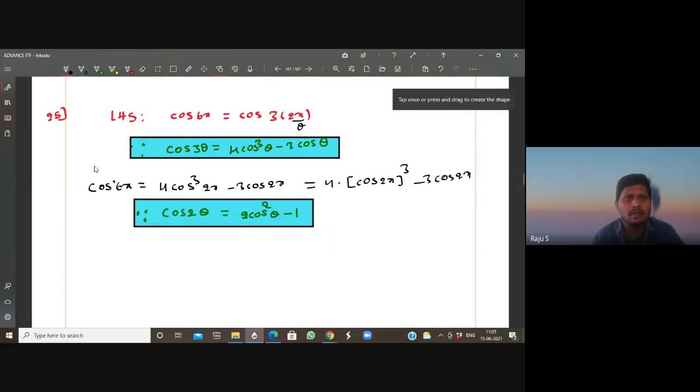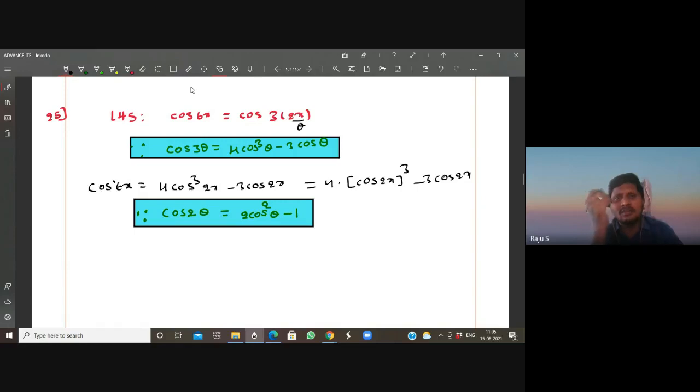So what if we split cos 6x into cos of 3x plus 3x? A plus B formula. Cos A plus B is cos 3x into cos 3x minus sine 3x into sine 3x. That time what will happen?